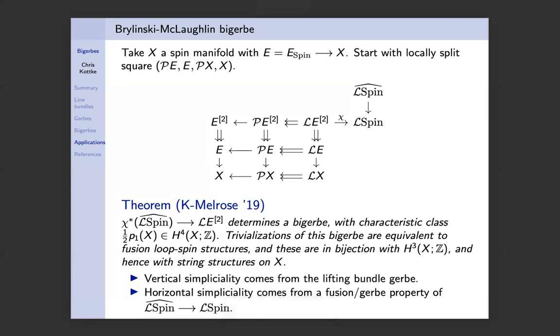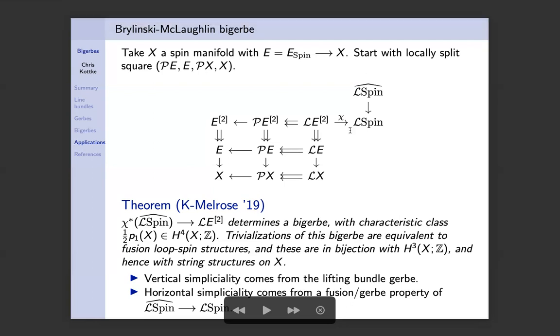Simpliciality in the vertical direction, or the gerbe product in the vertical direction, comes from this thing viewed just as a lifting bundle gerbe. This is just a lifting bundle gerbe construction on the loop space, because we've got a group and a central extension of the group by the circle. And then the simpliciality in the horizontal direction is encoding this fusion or the gerbe product condition.